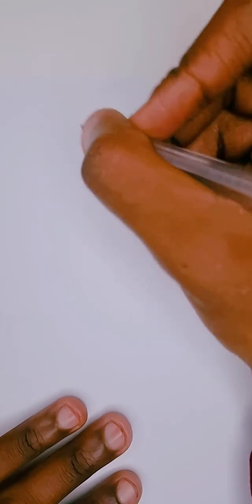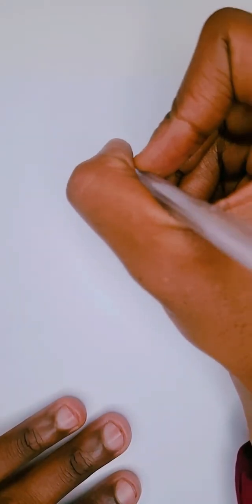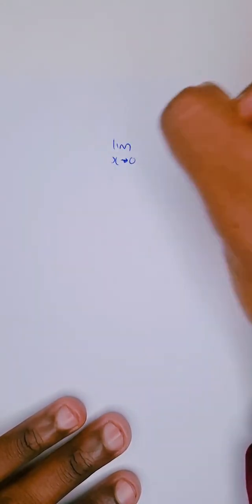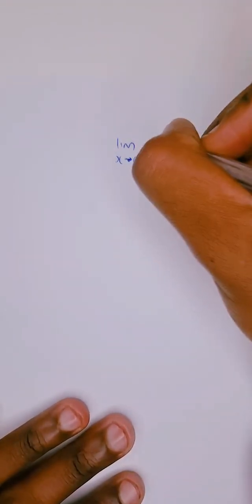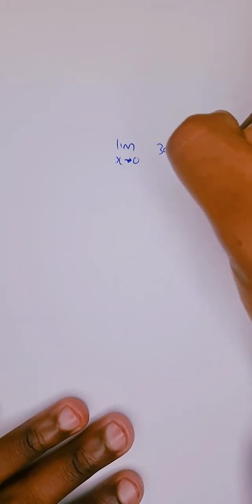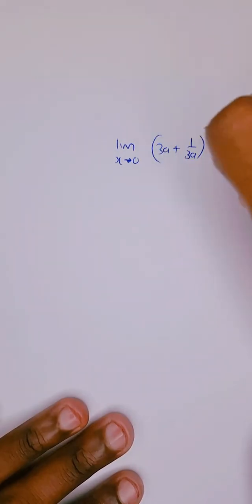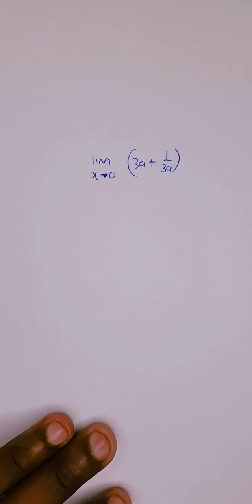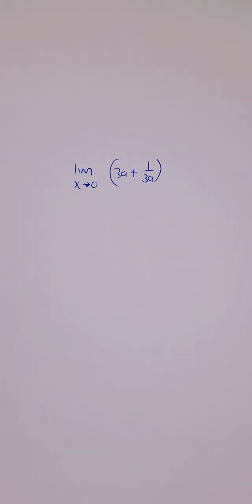Okay, let's wrap up with the last 2 limit questions. At least you guys, I'm sure, are getting the point. Let's do the limit as x approaches 0 of 3a plus 1 over 3a. What is the limit?